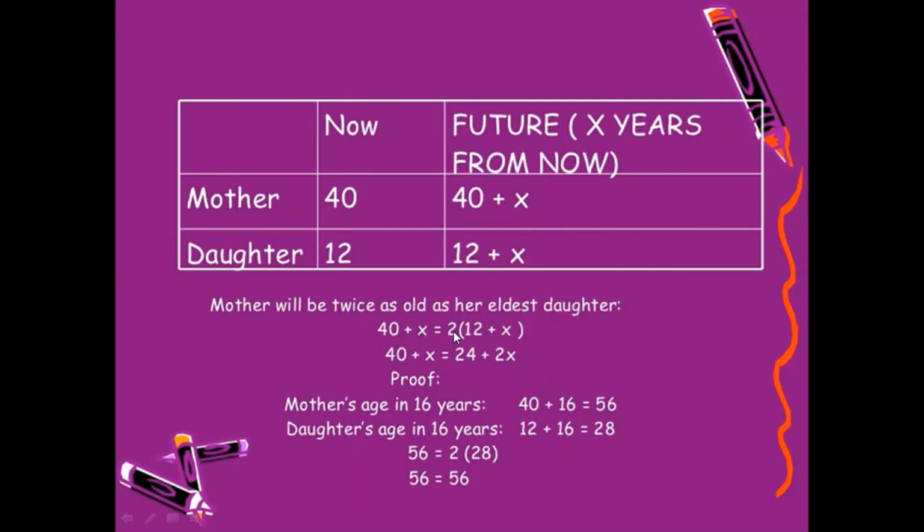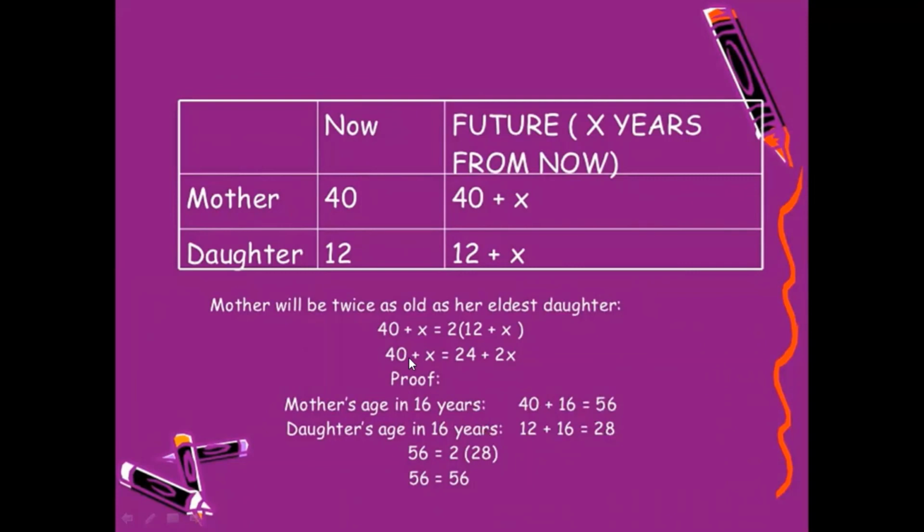So it's a slightly different problem. It's very simply worded, but actually we are looking for x. So with this equation we get the solution, and definitely we can get x. So the mother's age in 16 years will become this, and this is this, and this is exactly twice that.